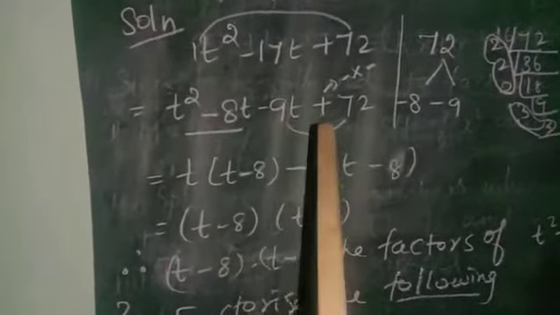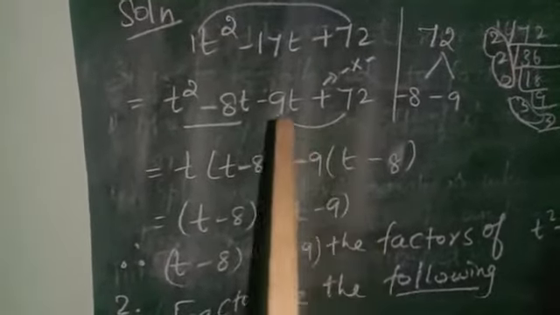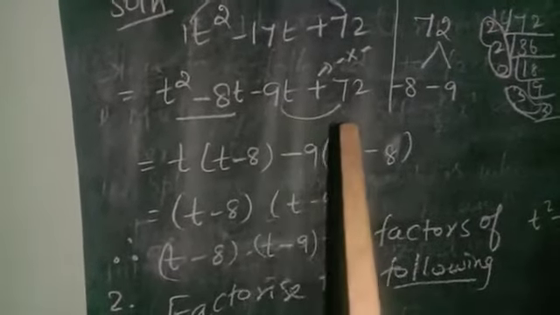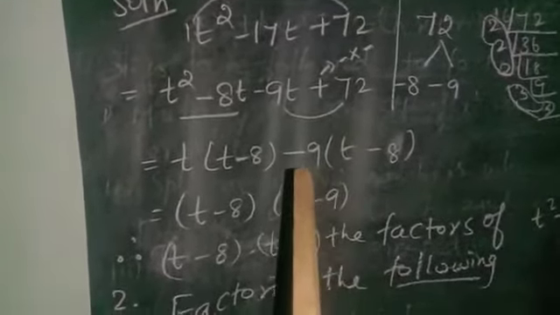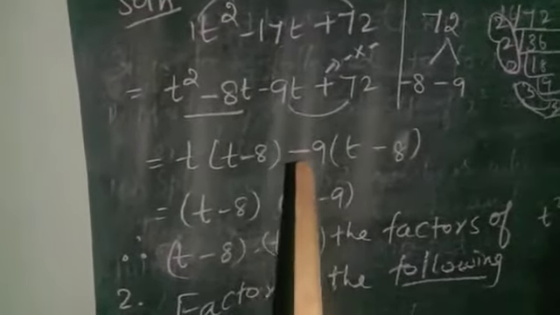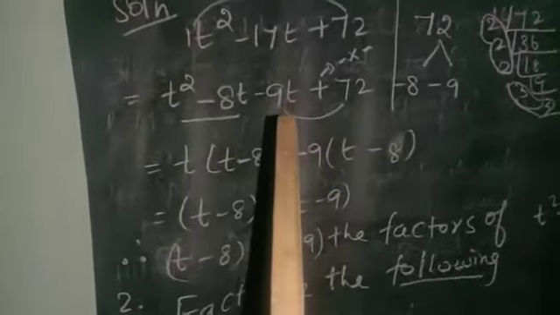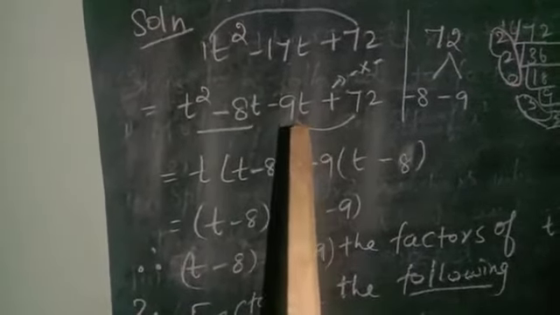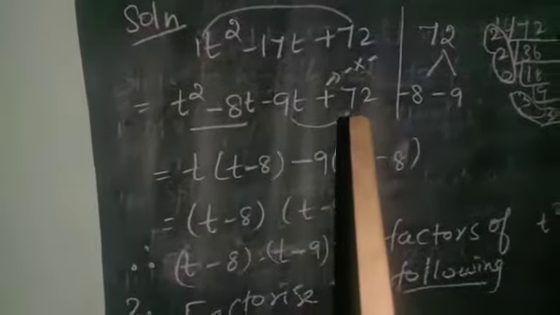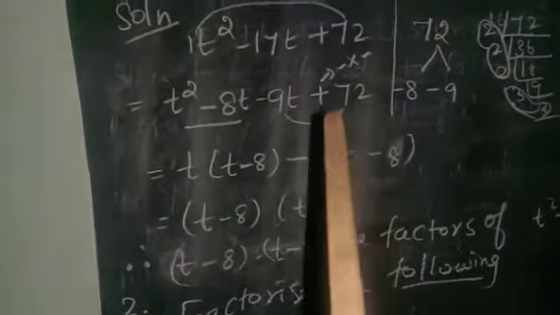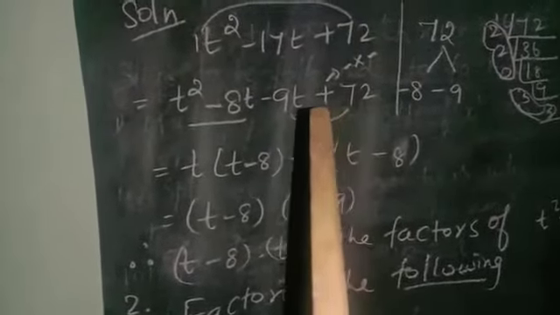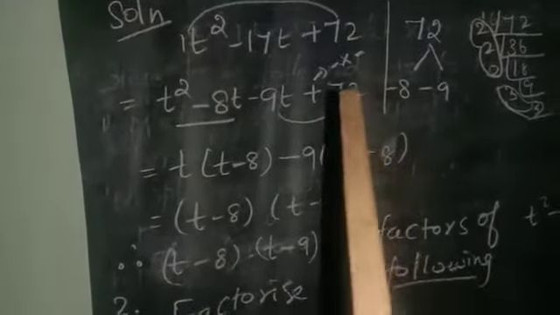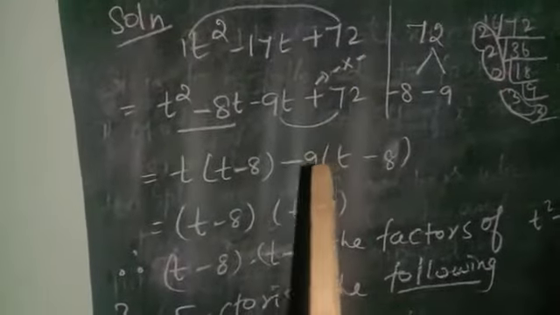Here we see the third and fourth terms, minus 9t plus 72. What is the common one? Minus 9 is the common one. So we take minus 9 outside, then we get t from the third term and minus 8 from the fourth term, plus 72 split as minus 9 times minus 8.